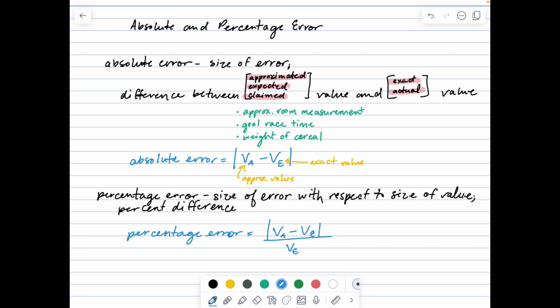That's the only one that really matters. You want the exact value there on the bottom. Whatever the size of the error, we're comparing it to the exact value.